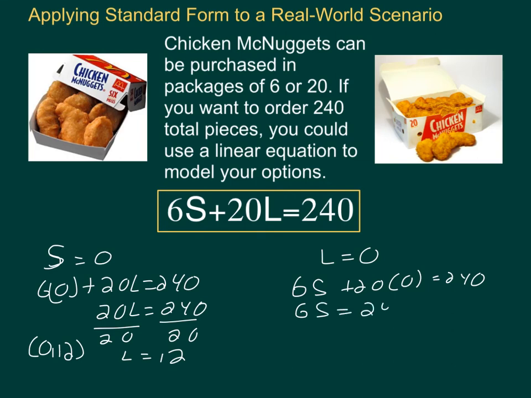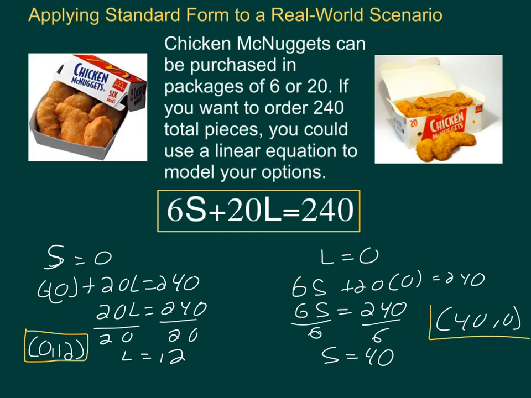I'm left with 6s equals 240, and divided by 6, I get s equals 40. And s was first in my ordered pair, so I'm going to do that again. 40, 0 is my point. So I have two intercepts here, 0, 12, which is going to be my y-intercept, and 40, 0 is going to be my x-intercept.